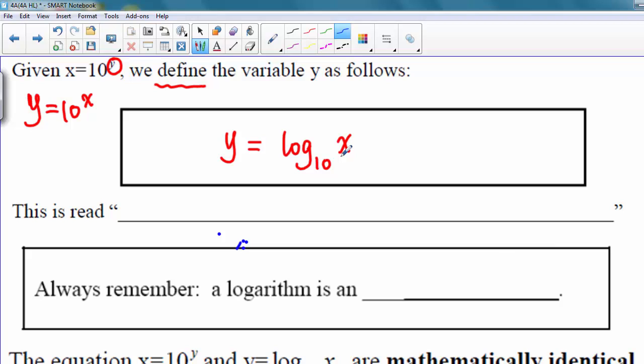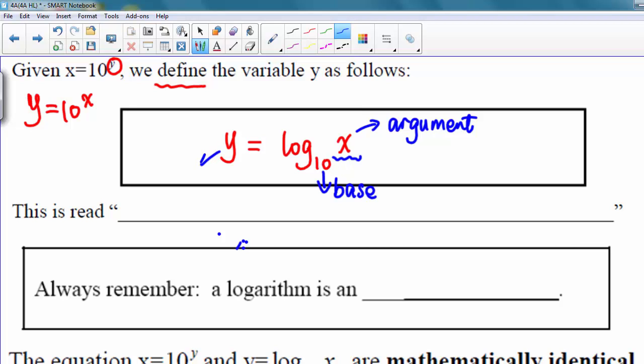You need to remember, this x is the y in the original function, and this y is the x in the original function. But in the logarithm expression, this x is called the argument. And this 10 is still called the base of the logarithm.